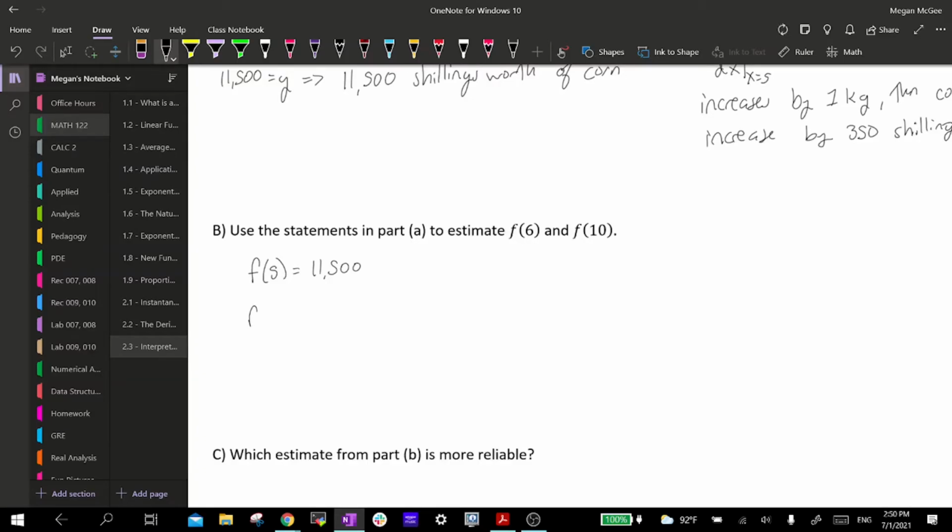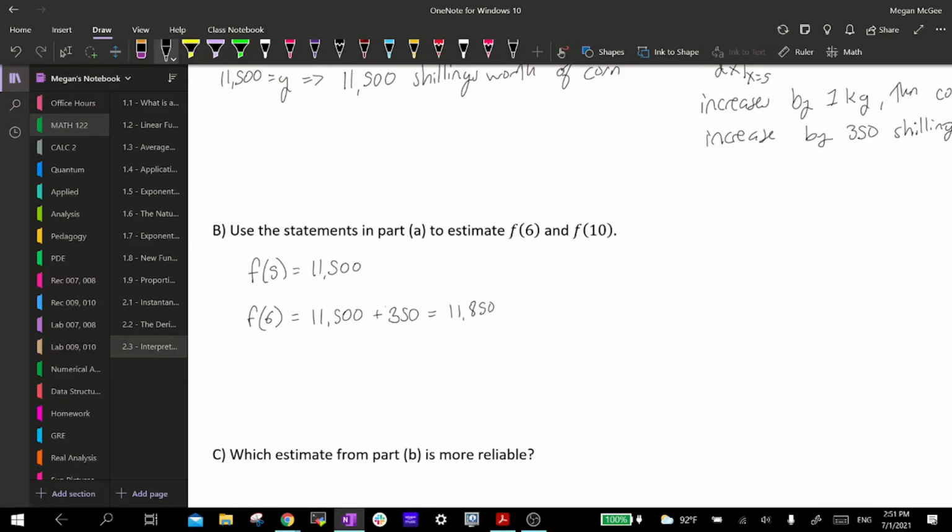So f of 6 means we are increasing our fertilizer by 1 kilogram, so we should have our original shillings production plus 350, which gives 11,850 shillings worth of corn.